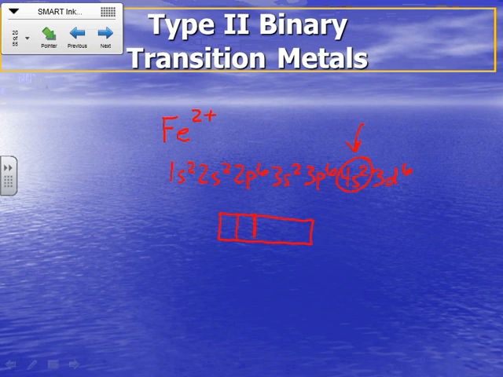Good job, class. Okay. So the 3d orbitals look like this, right? So iron, its normal electron configuration kind of looks like this. You've got your 3ds and then you've got your 4s over here, right? So it makes sense, after it loses these and forms a 2+ charge, that iron could also form a 3+ charge.